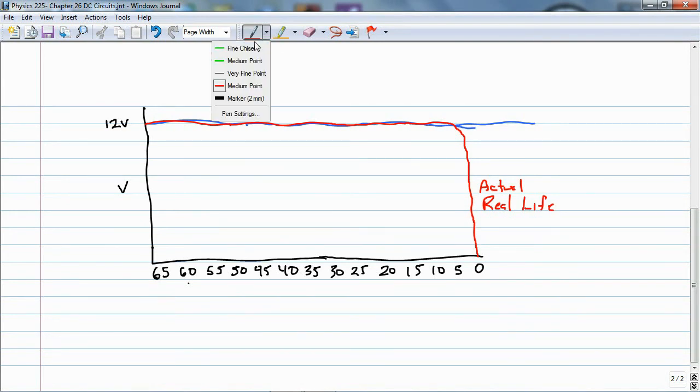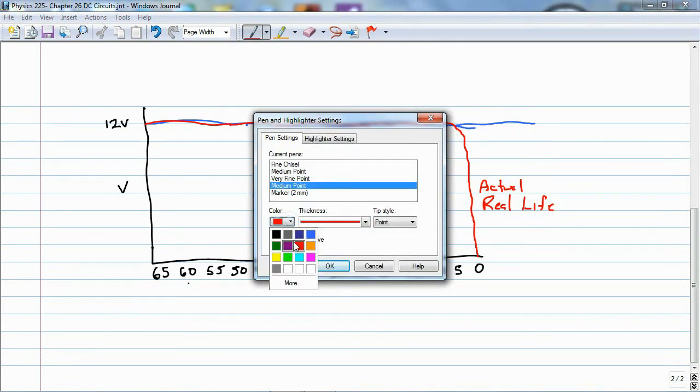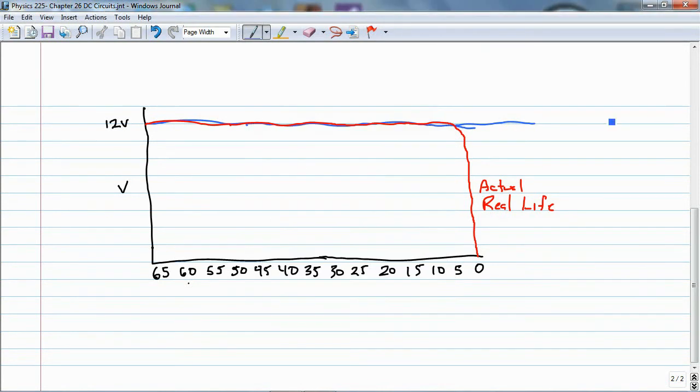The blue is the ideal. So this is the basic concept of modeling. There's different levels that we haven't talked about, but the basic idea behind modeling is to look at the ideal and then model in the actual imperfections into the circuit. And circuit simulators get pretty close. A lot of times they're within 90% accuracy of what you would expect to see.